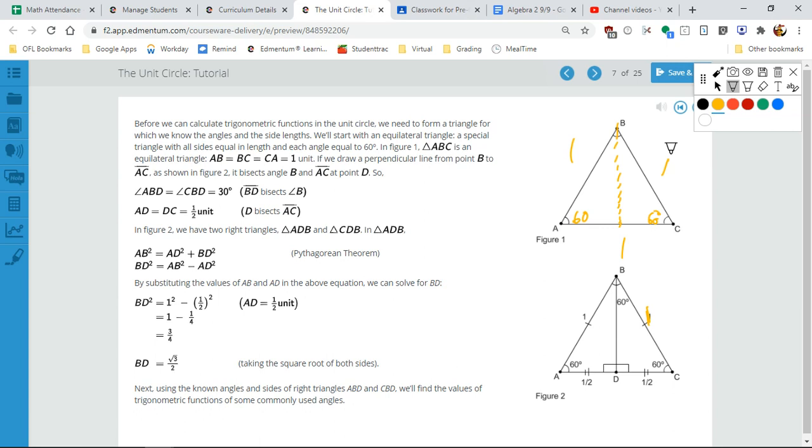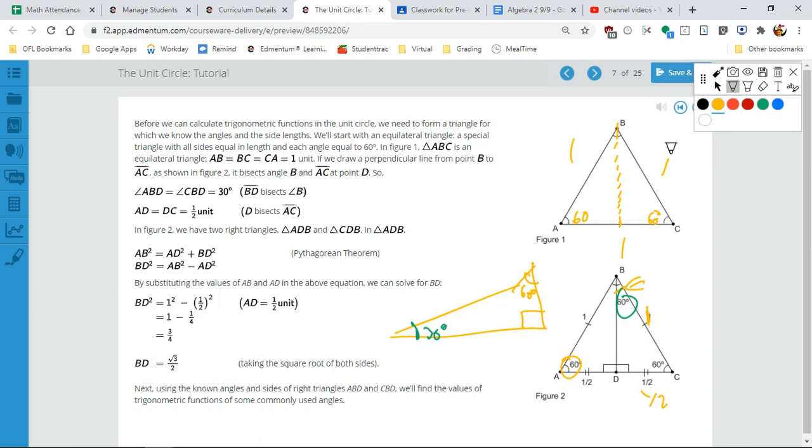This gets cut in half, so it's 1/2. This is now 30 degrees because it's cut in half. So now we have a 30, 60, 90 triangle. 90 because it's perpendicular, 60 is this angle right here, and 30 because this angle is 30.